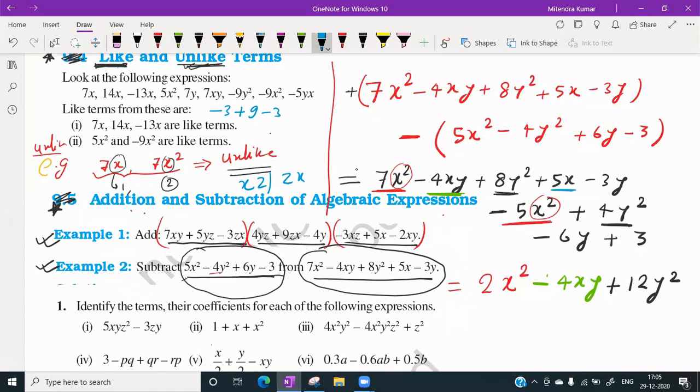Next, 5x, do we have x वाले टर्म है? नहीं है, so I will write plus 5x as it is.